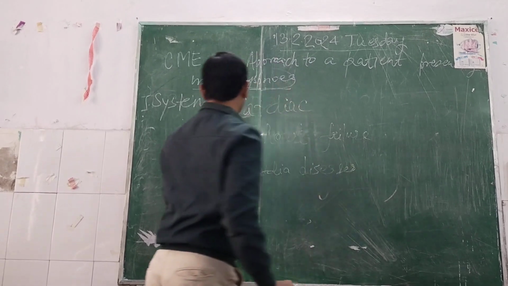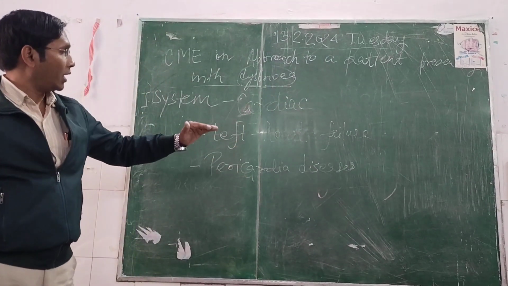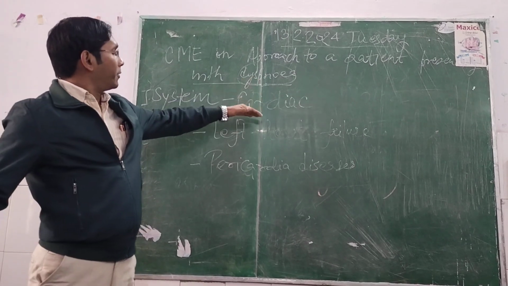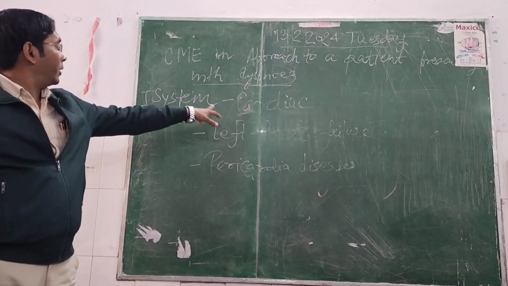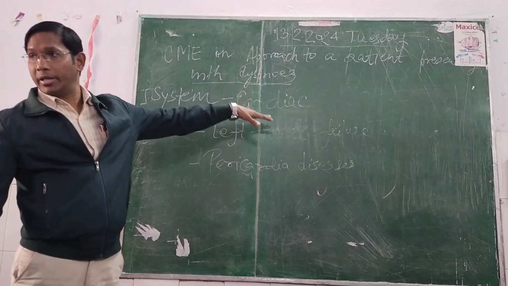These are the disease processes: left heart failure and pericardial diseases. These are the disease processes in cardiac system.